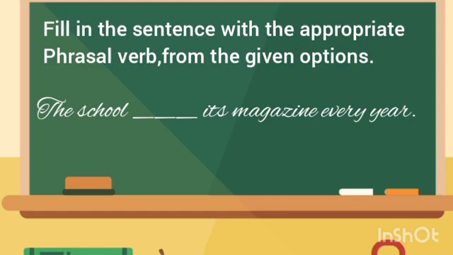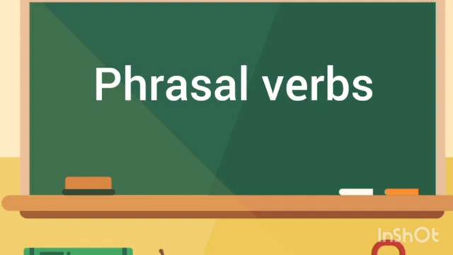Options given: brings up, brings out, bring in, bring up. The answer is brings out. The school brings out its magazine every year. This is the way they will be asking you questions from phrasal verbs. So you must understand many meanings of these phrasal verbs, and then you will be able to attend this, right?